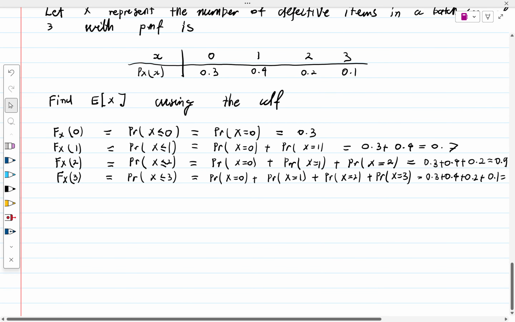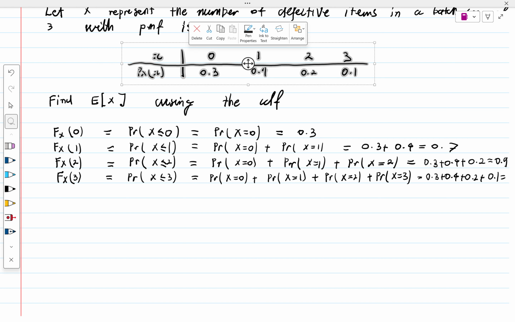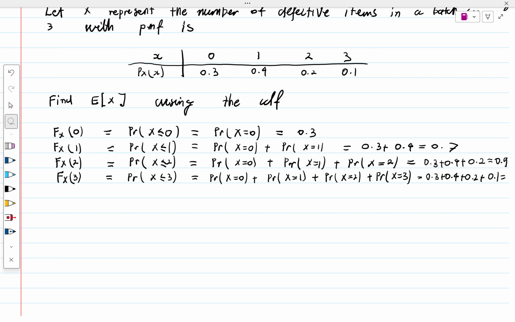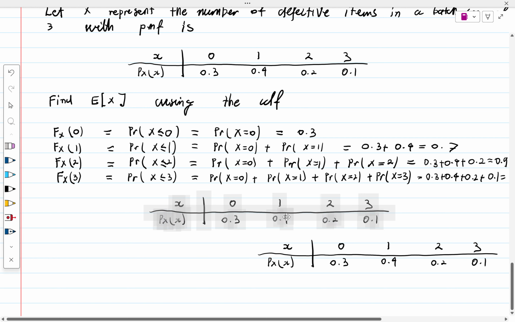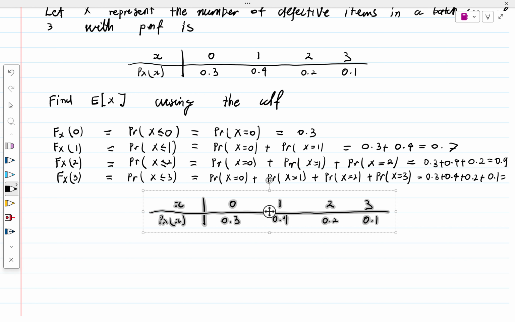And so if we were to rewrite this distribution function, we could put it in tabular form.